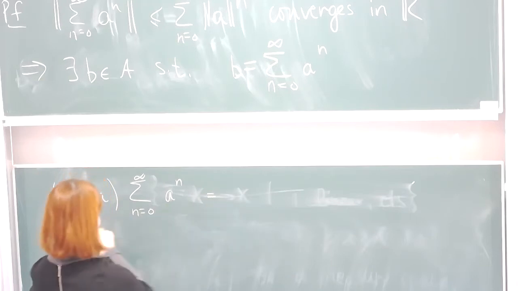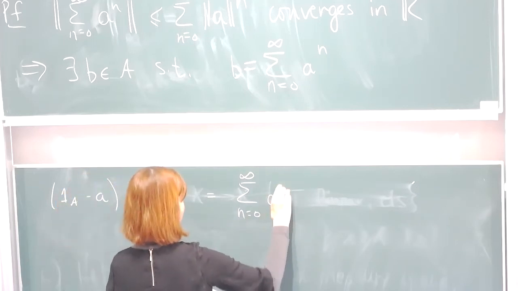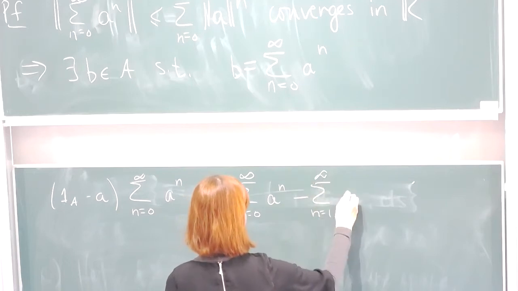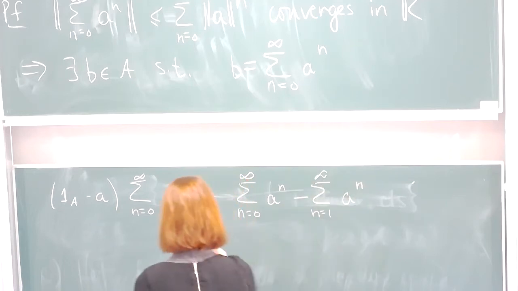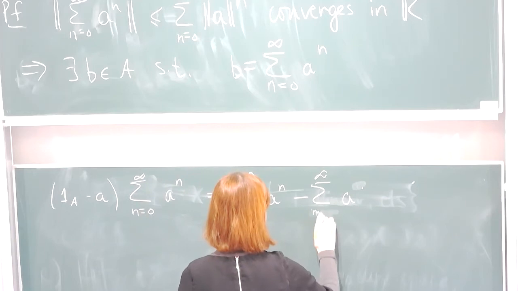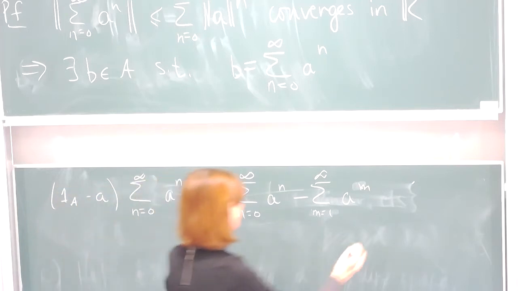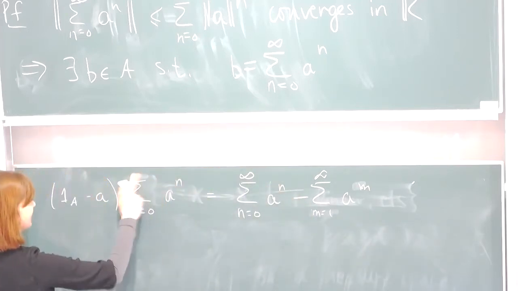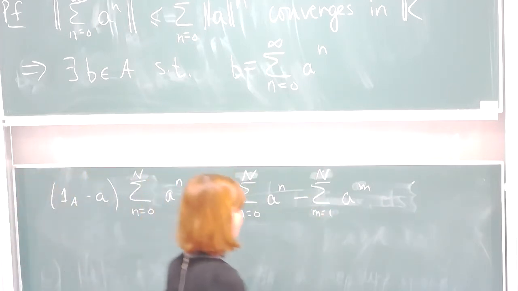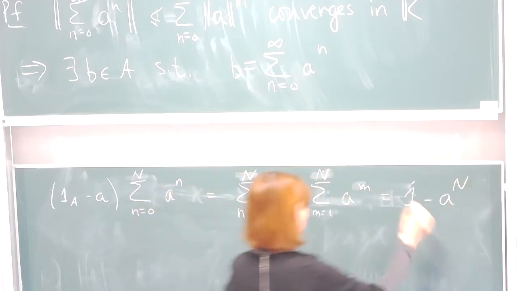And of course, this is just a telescoping sum, and so if we replace this by some big N, what do we get? We get 1 minus a to the N plus 1.